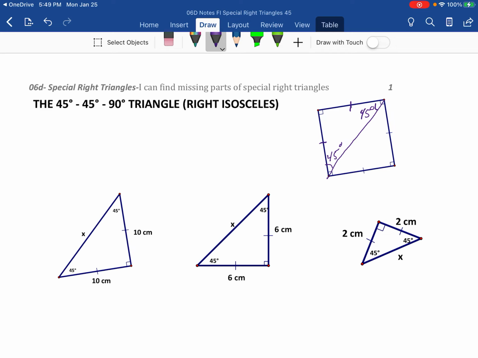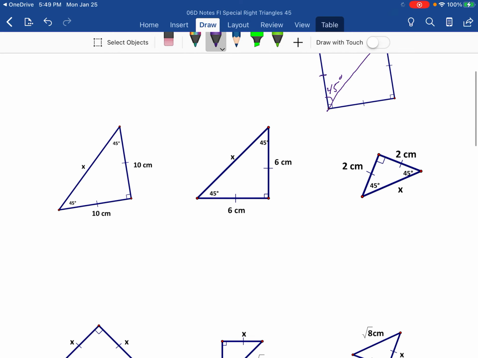So these are isosceles right triangles. Okay, so I'm going to go through the Pythagorean theorem with these. Some of you are going to go through it in class to find out what x is. So this is going to be 10 squared plus 10 squared is equal to x squared. 100 plus 100 is equal to x squared. 200 is equal to x squared.